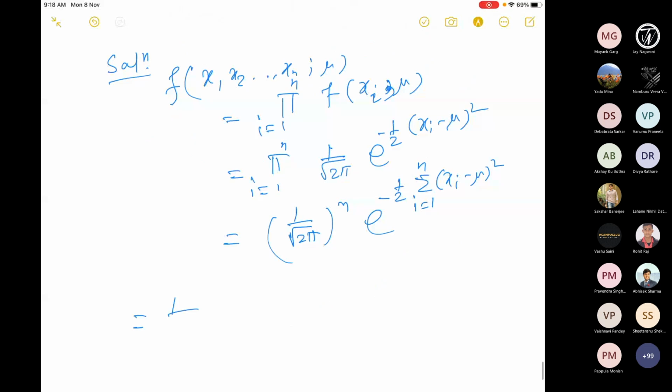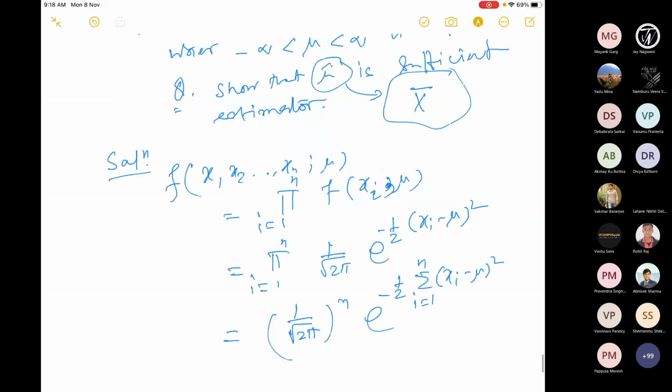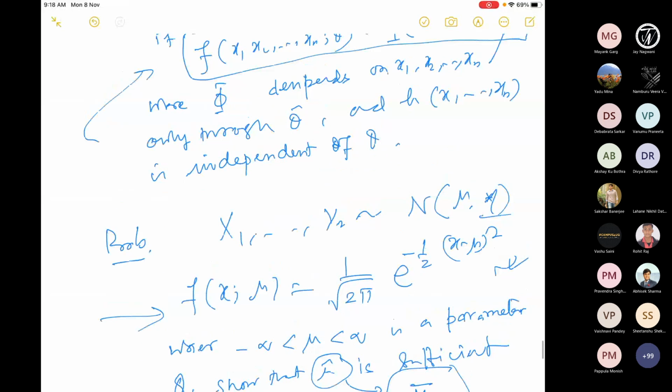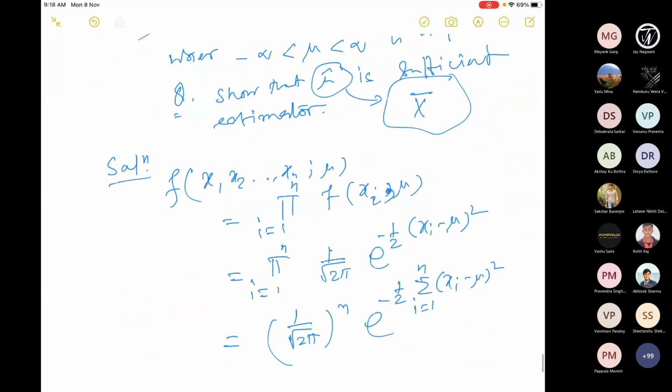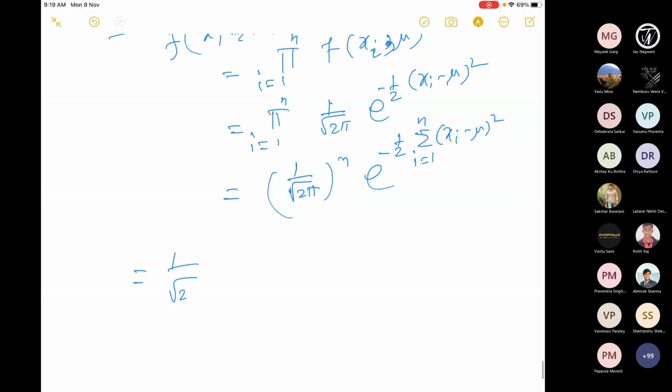Then I want to factorize this into a function of mu hat and mu, called phi, times another function which depends only on x1, x2, ..., xn. It is just algebraic manipulation. In some cases it could be a difficult problem, but for the normal case it is easy.